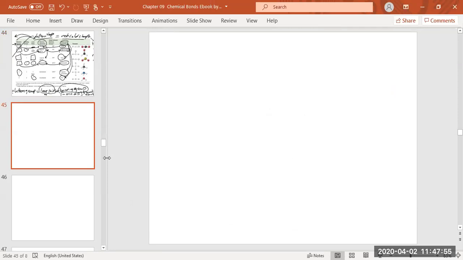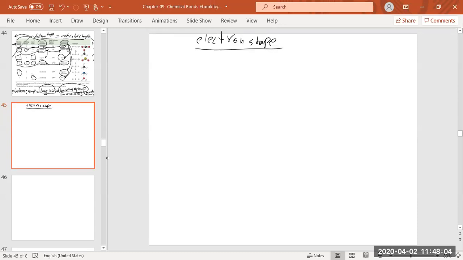What we said first: electron shape or electron geometry. Two groups, the electron groups, give you linear. Three give you trigonal planar.